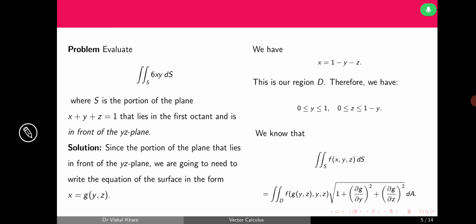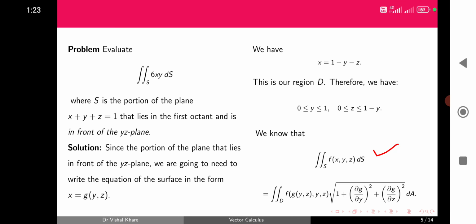So we know that double integration f dS is equal to this according to the formula, because here x is a function of y and z, so we are going to use this formula.